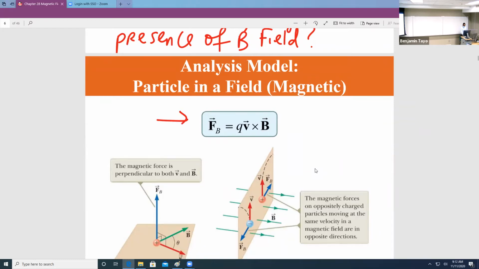We said that when you calculate the magnetic force here, Q is the charge, V is the velocity, and B is the magnetic field.